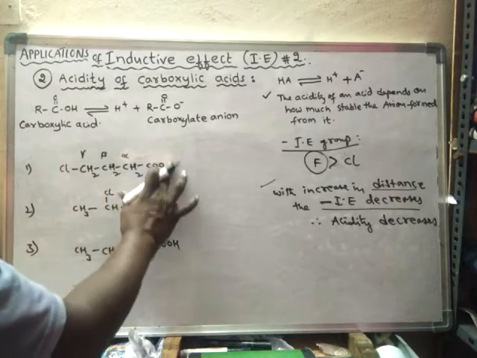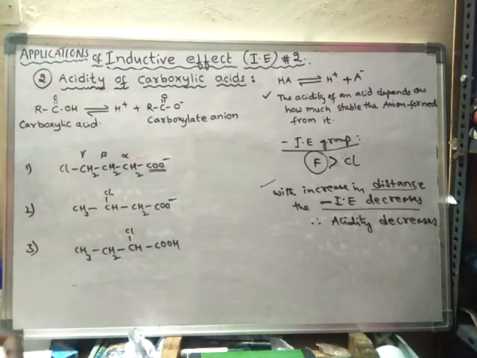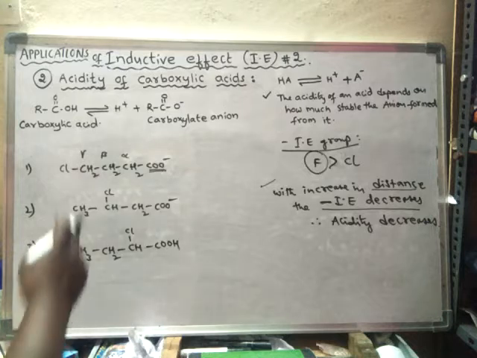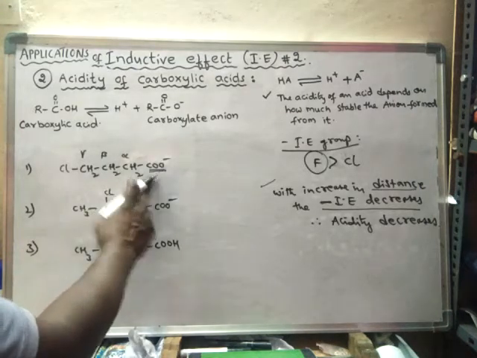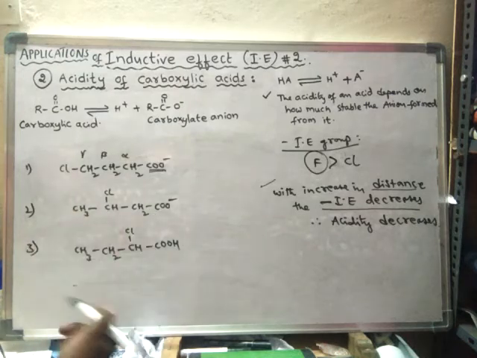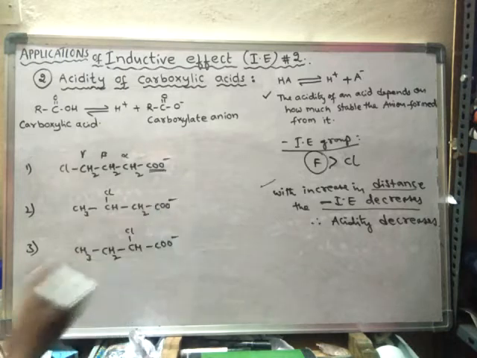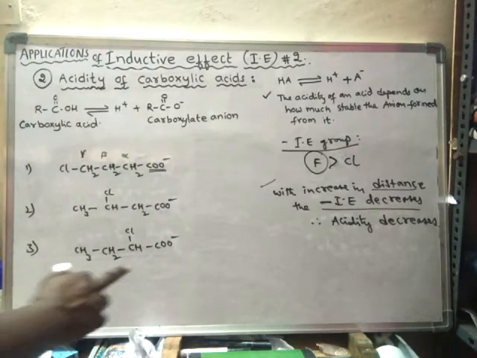The anion is formed after loss of one proton. So this acid will lose one proton and convert into this anion, and the other acids will likewise convert into their anions after losing a proton.